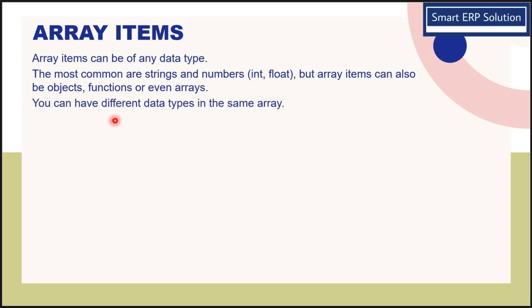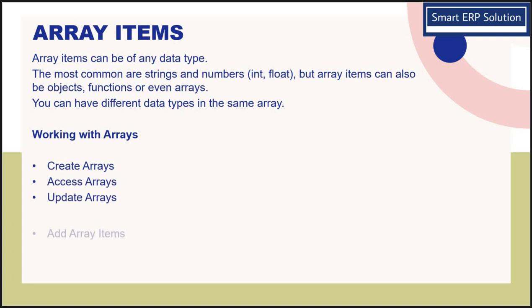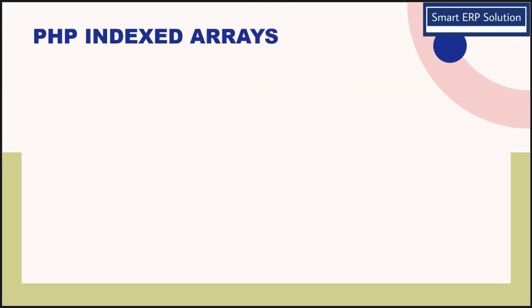You can have different data types in the same array. To work with arrays, we need to perform the following actions: create arrays, access arrays, update arrays, add array items, remove array items, sort arrays, and so on.